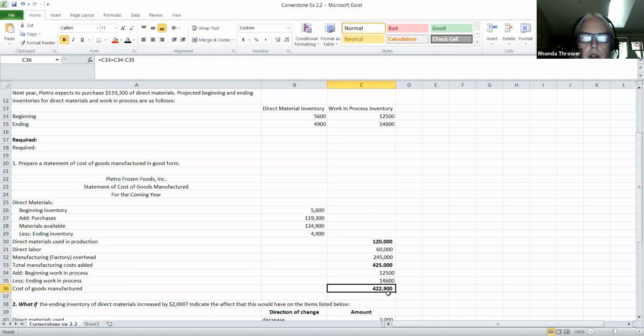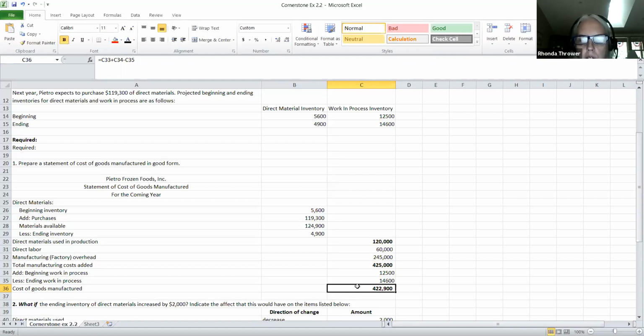This cost of goods manufactured is going to feed into your cost of goods sold, which will become a part of your income statement. In the next exercise, they're going to ask you to take this amount and place it into the cost of goods sold section.